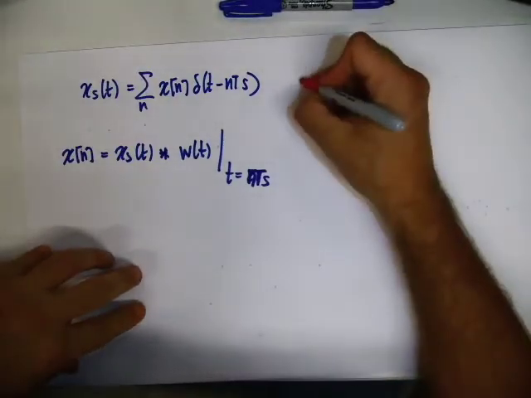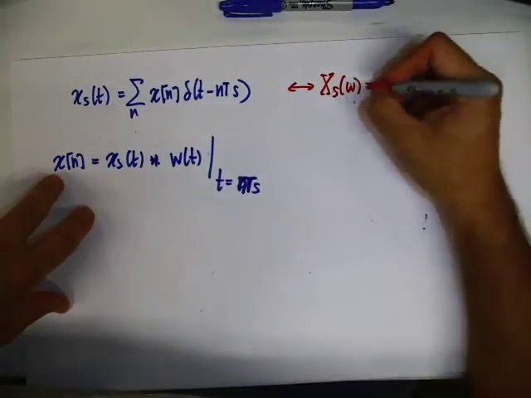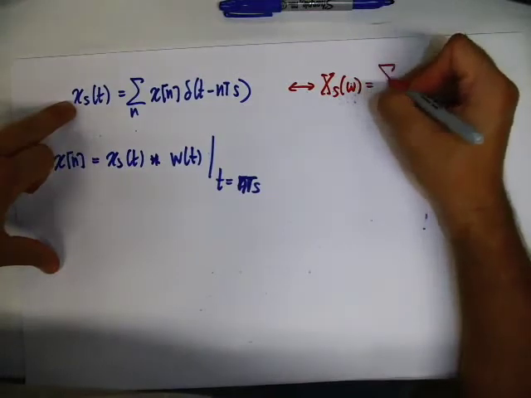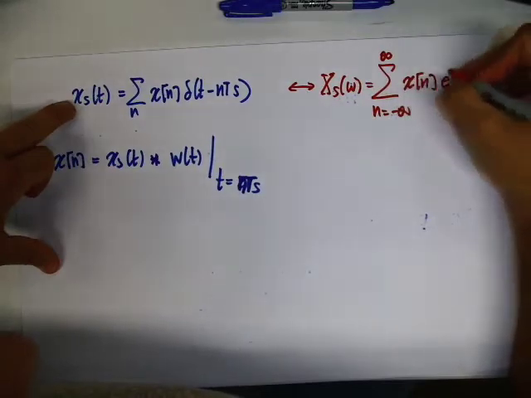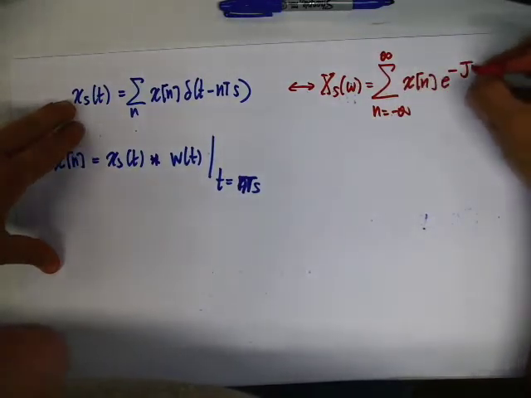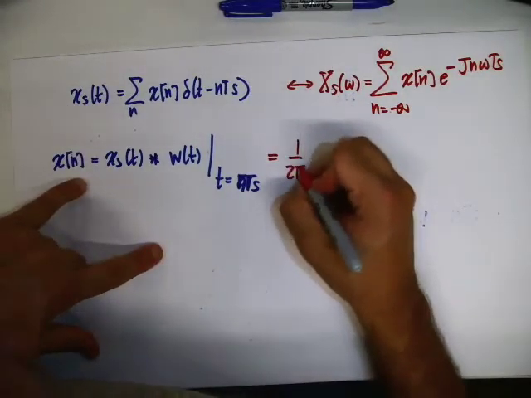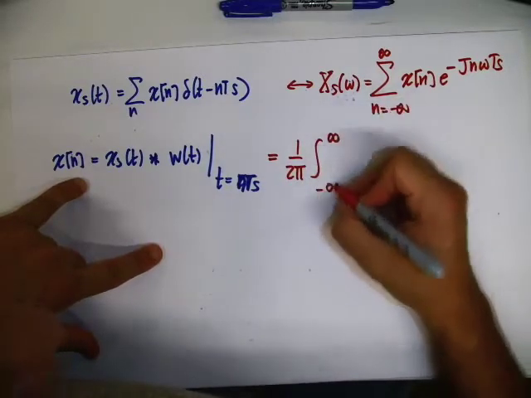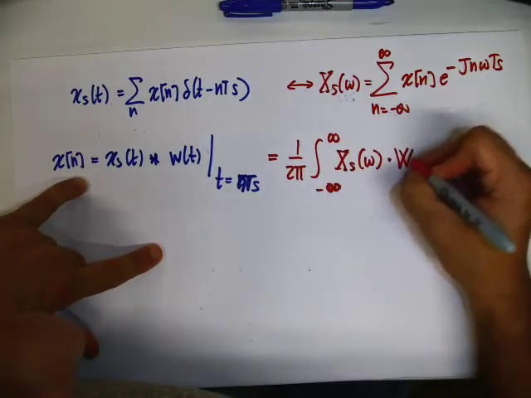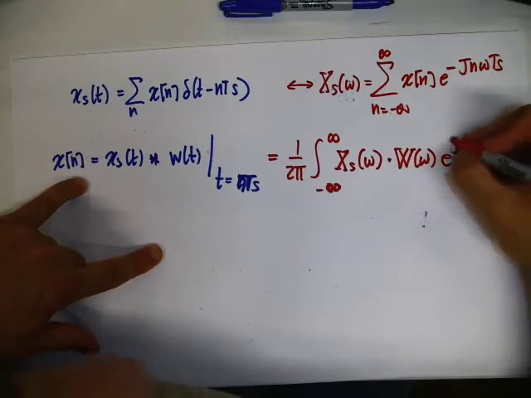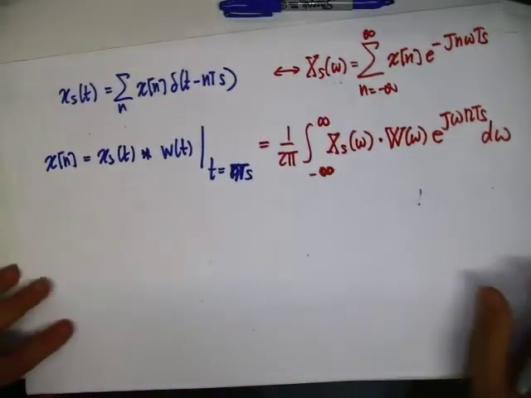Of course, I can rewrite this expression in terms of the Fourier transform of the Diracified signal, which is equal to this, e to the j n omega Ts. This can be written as 1 over 2 pi integral from minus infinity to infinity of X_s of omega times W of omega, e to the j omega n Ts, d omega.